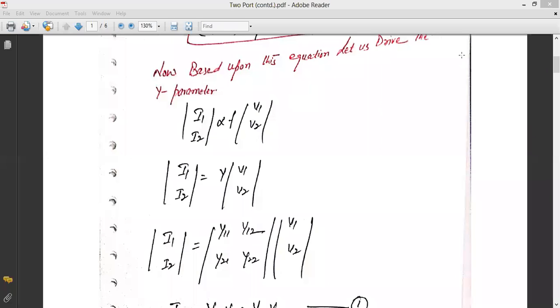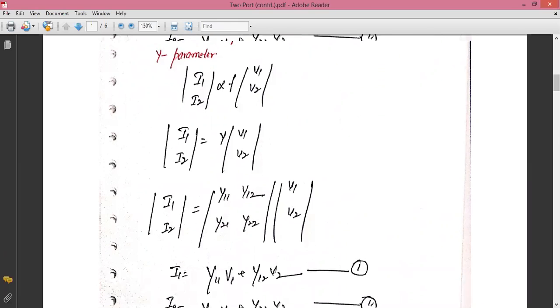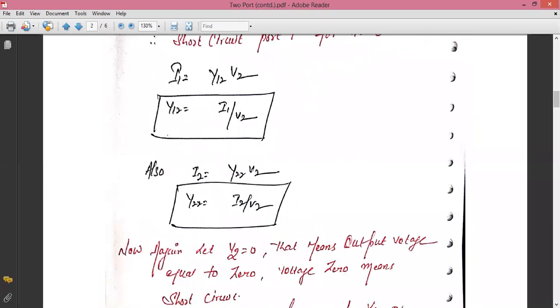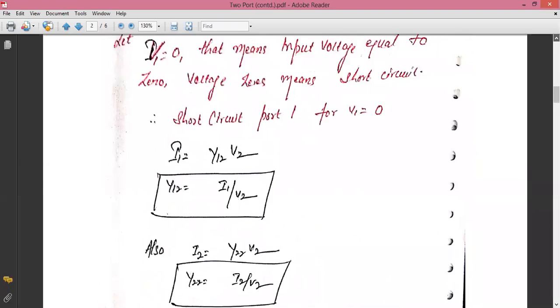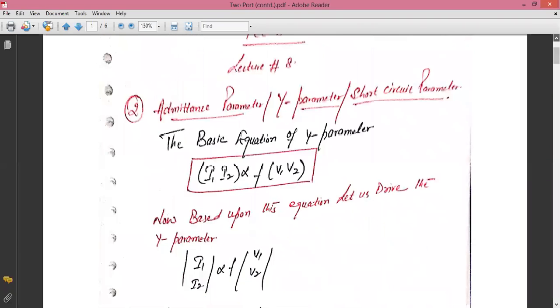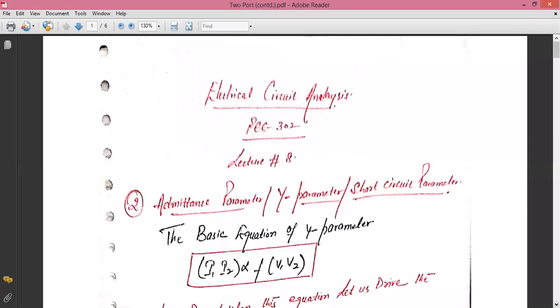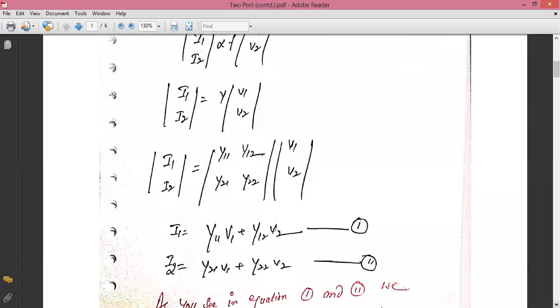Now I can elaborate these equations. You get I1 equals Y11 V1 plus Y12 V2, and I2 equals Y21 V1 plus Y22 V2.